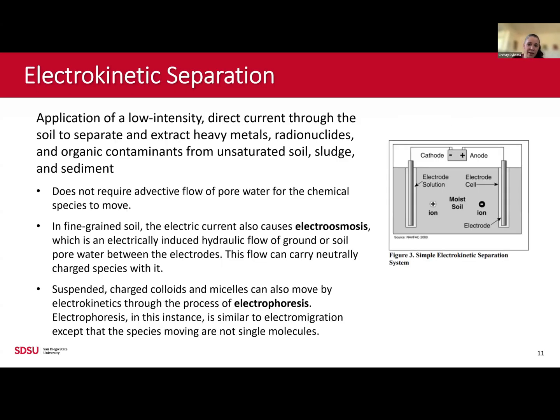Okay, so electrokinetic separation. This is a really neat one. This is where we put electrodes into the ground, attach them to a power source, and one electrode is positive, one electrode is negative, and then we apply a low intensity direct current through the soil, and that polarizes.